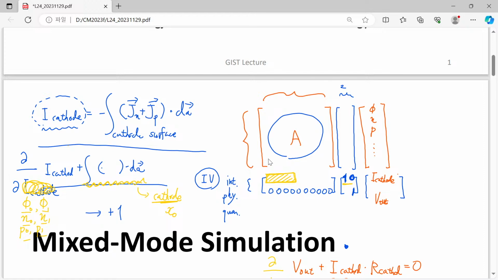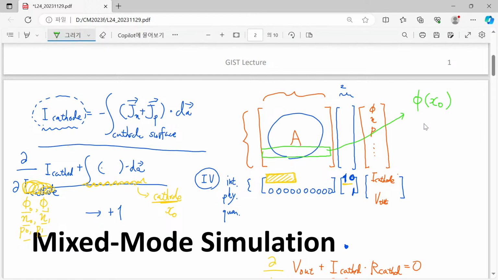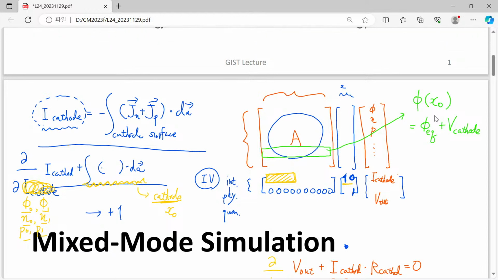So there will be a certain law like this. In this law, maybe we will say that the electrostatic potential at the very first node is given as the equilibrium electrostatic potential plus the applied cathode voltage. That was the implementation in your simple single device implementation.